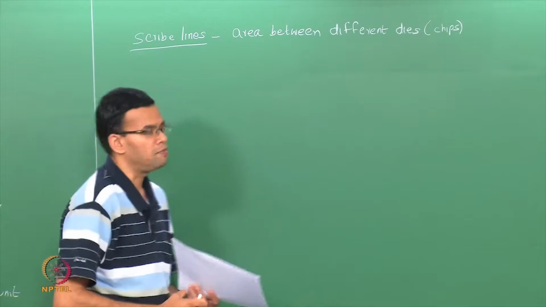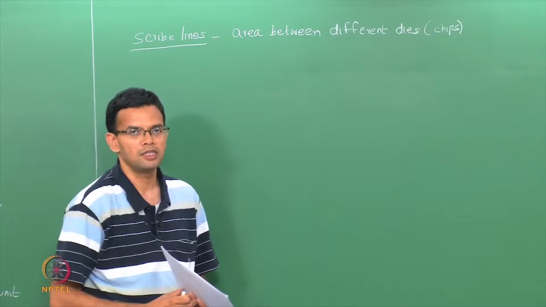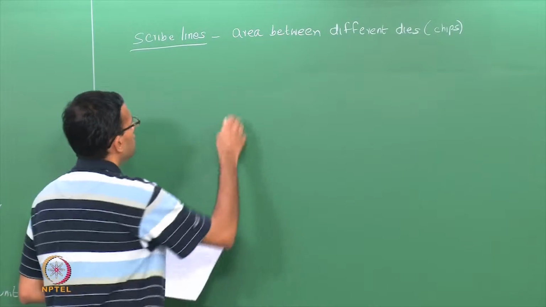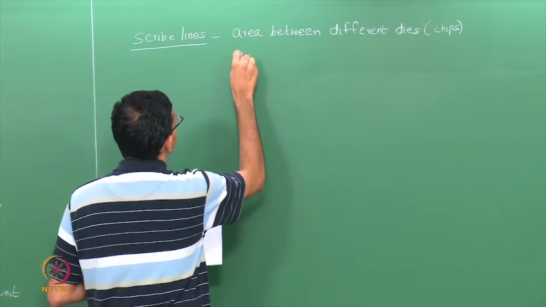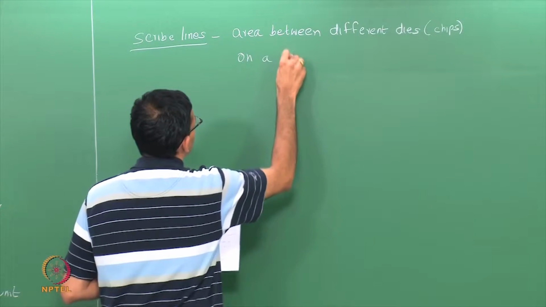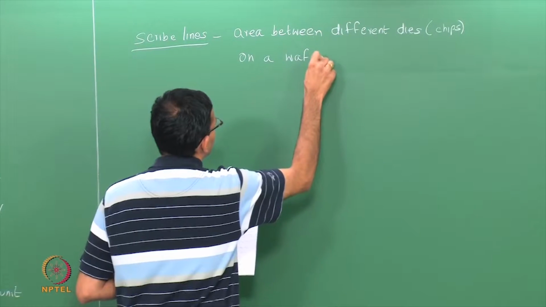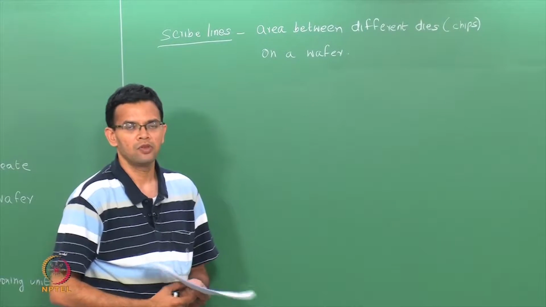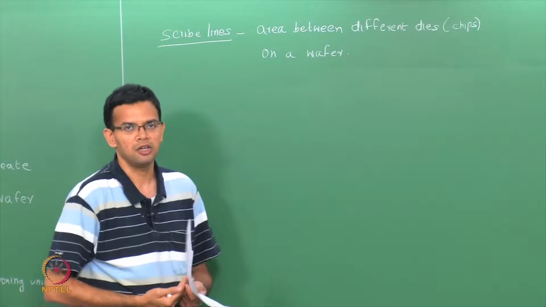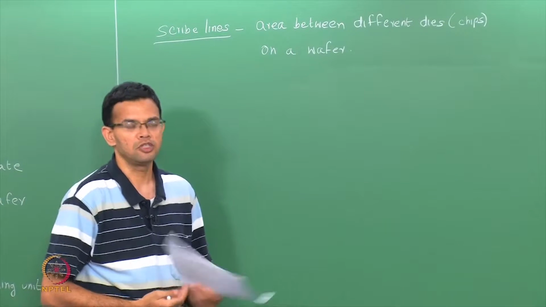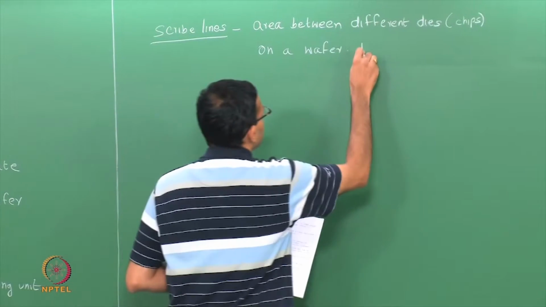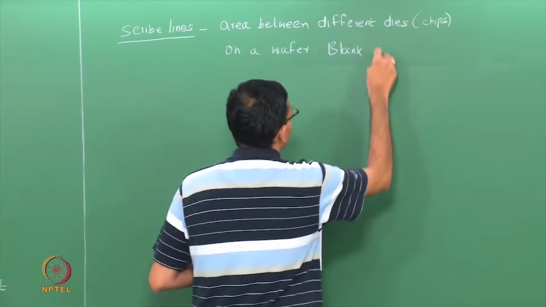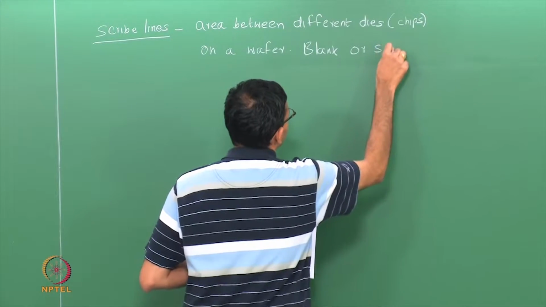A wafer is made up of a large number of dies, and the area or the space between them is called the scribe line. Now, a scribe line can be blank or may also have some additional circuits that are especially used for testing. So, it can be blank, but more often than not it will have some additional circuits for testing.